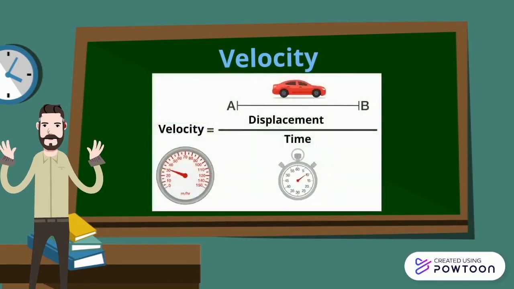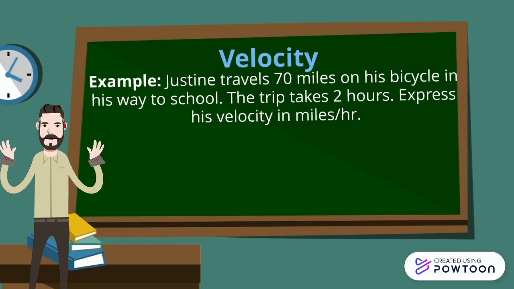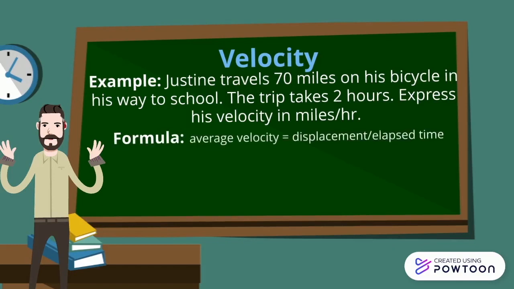To further understand what velocity is, let us have this example. Justin travels 70 miles on his bicycle on his way to school. The trip takes 2 hours. Now, express his velocity in miles per hour. We are going to use the formula average velocity is equal to displacement over elapsed time.